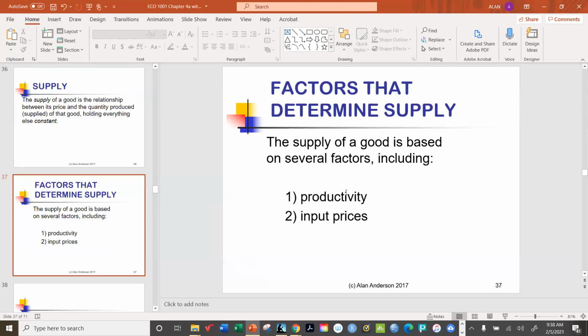Well, we've got productivity. Productivity refers to our ability to convert resources into goods and services. It is an extremely important idea, and you know this yourself.